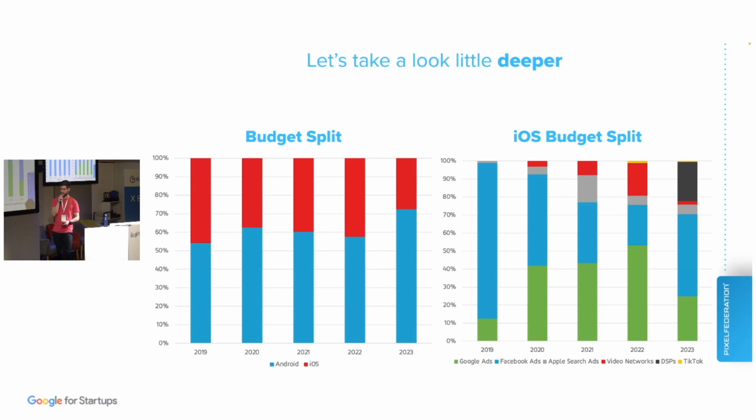By that, I mean we were hugely reliant on Google and Meta over the history of the company, and we weren't experimenting much with other media sources. So we introduced a little bit more search ads in 2021. Then we scaled down because they didn't bring that much value for this specific game, or for any other game in our portfolio, actually.